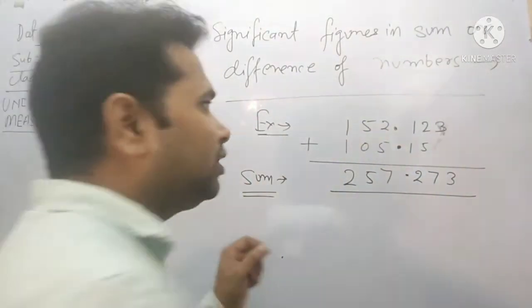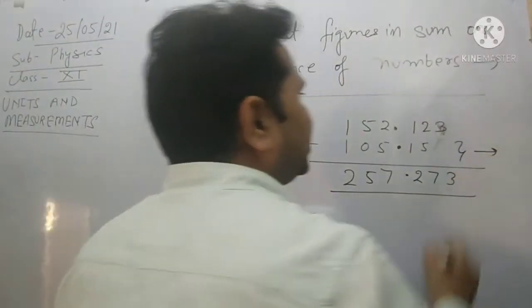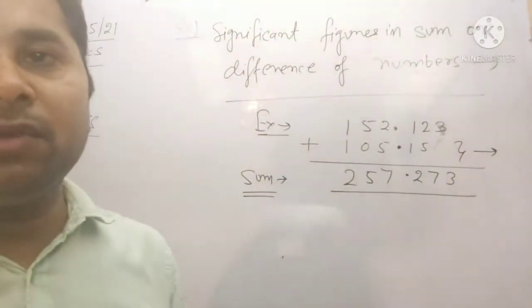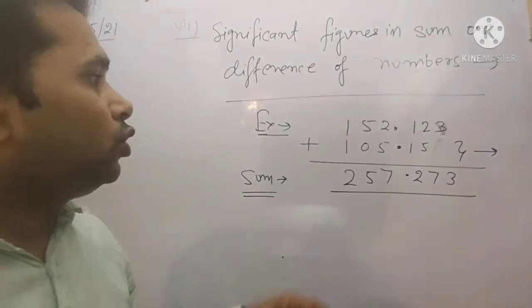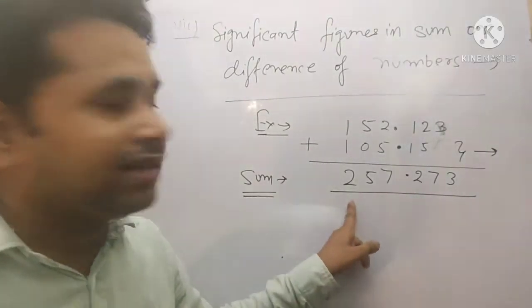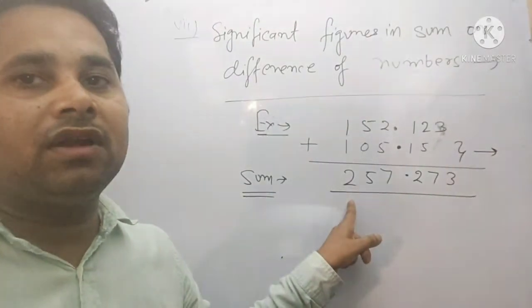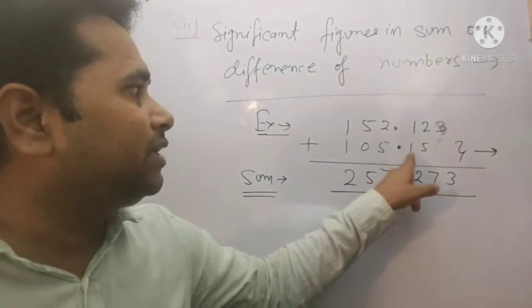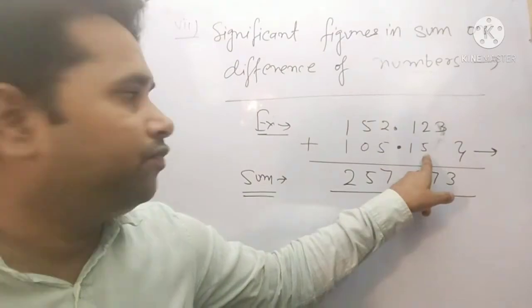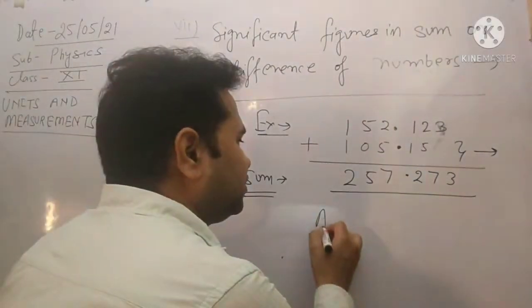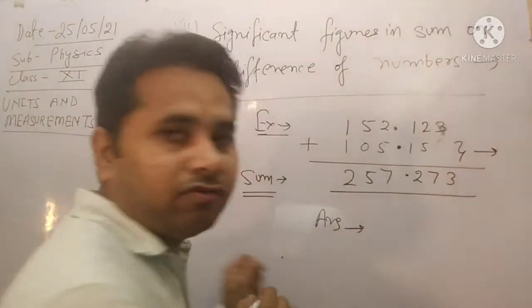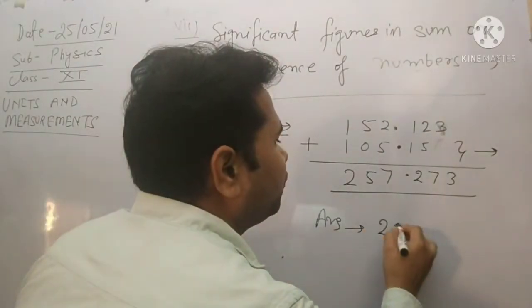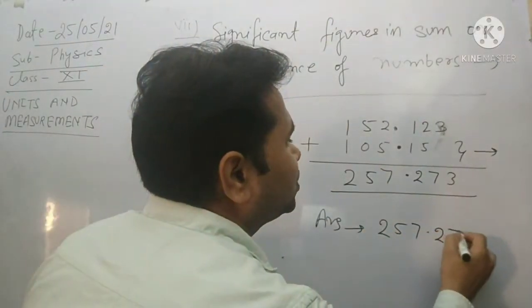So the minimum decimal places is in the second number. So the rule says the final answer should also be reported with the same number of decimal places. How many decimal places do I need? Only 2. So the result will be 257.27.